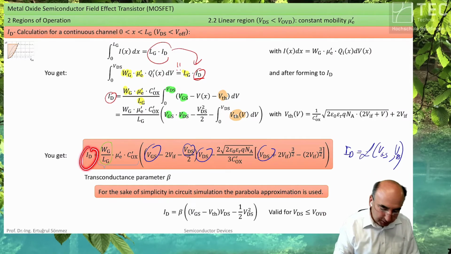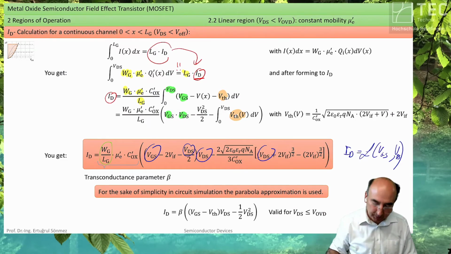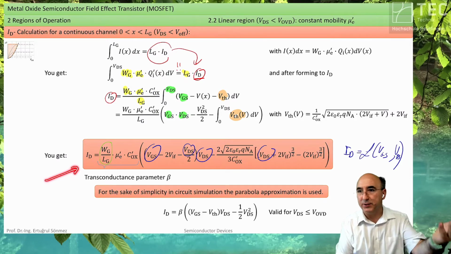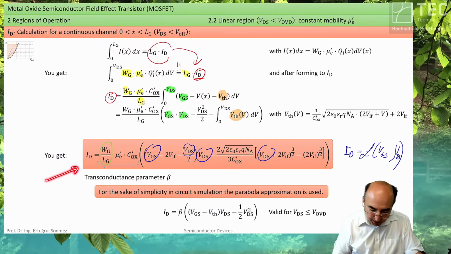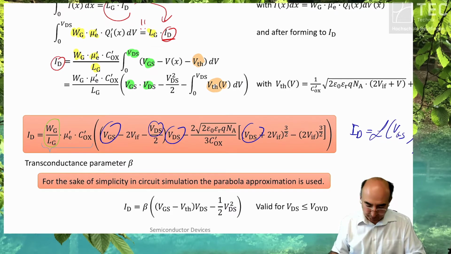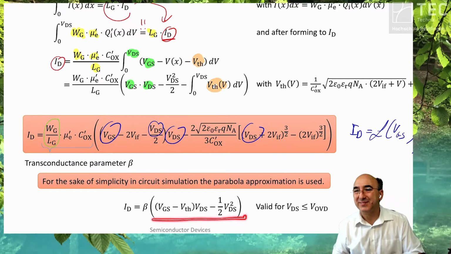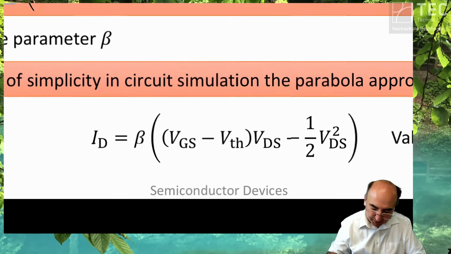You get a certain drain current as a function of your variables. So this is given by physics. And if you want to simplify that, you can say it looks like this. And do you see what we have here?